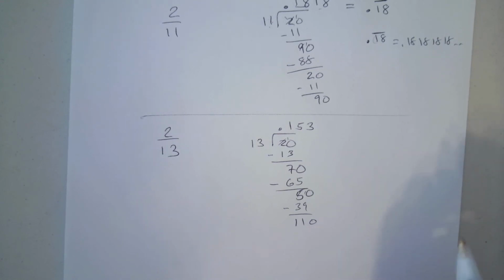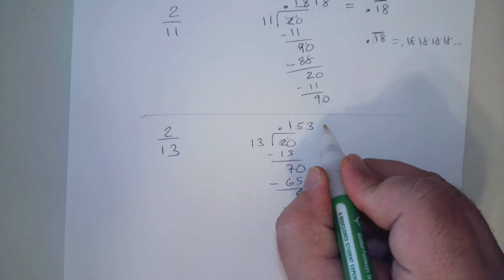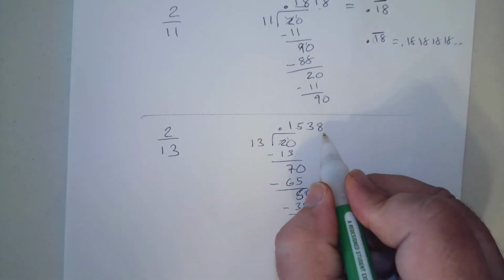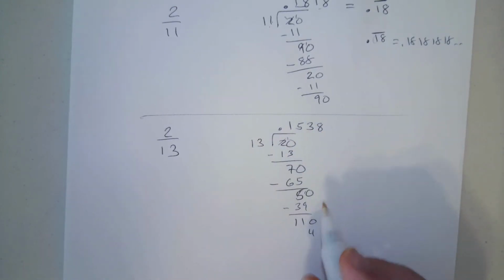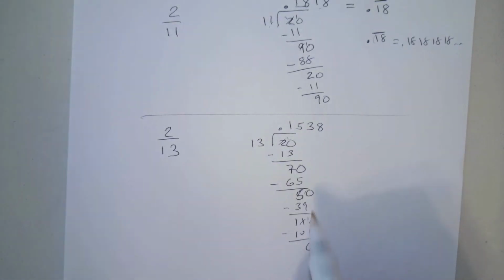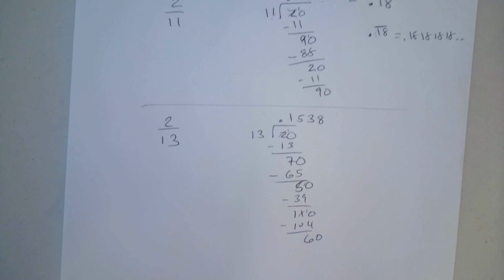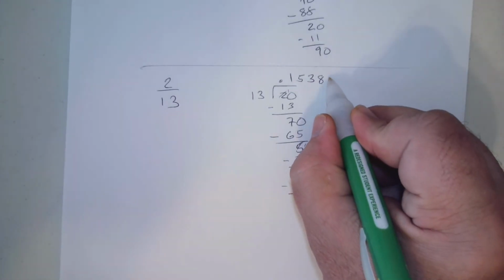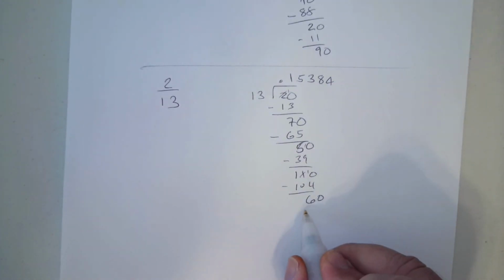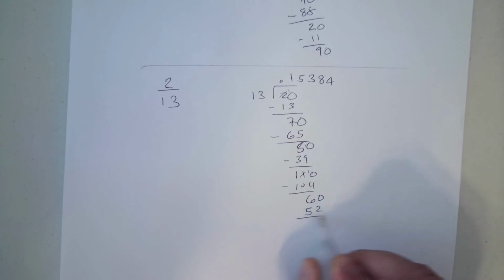13 goes into 110. Not 9, so it's 8 times. 8 times 13 is 104. Subtract them, I get a 6. 13 goes into 60. 4 times. 4 times 13 is 52.